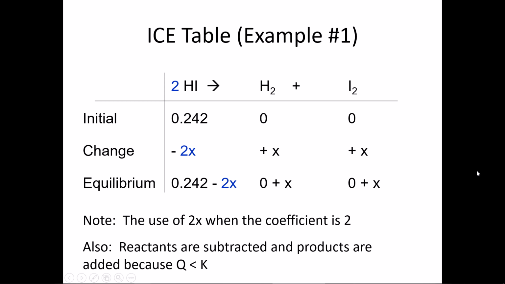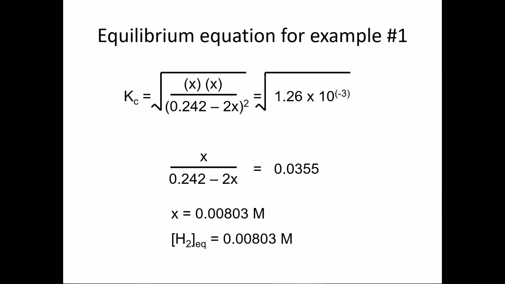Alright, so the next thing we want to do is plug this into our K equilibrium expression. So H2 times I2, x times x, over 0.242 minus 2x, squared. Remember, our HI was squared in our expression, so we have to square it. Now we have x squared on the top and 0.242 minus 2x squared on the bottom.